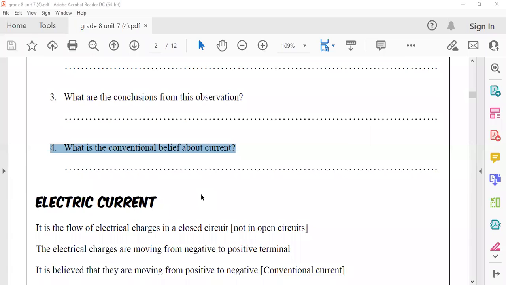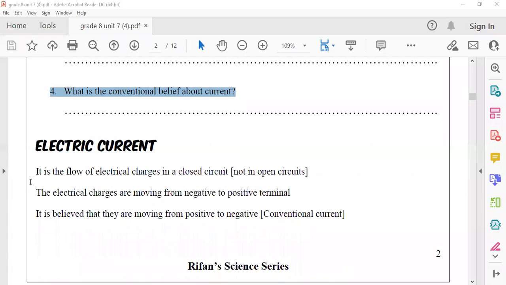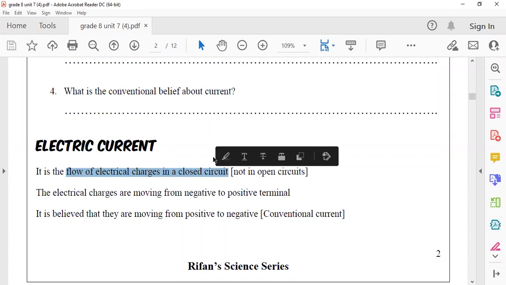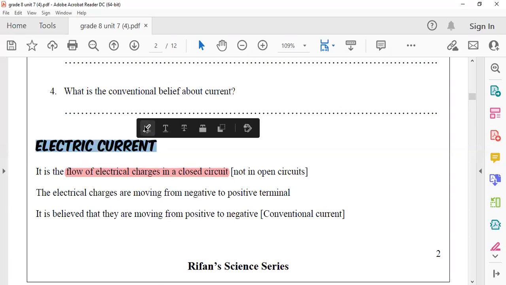Now, these three points I think you will understand. Flow of electrical charges in a closed circuit is called electric current. What is electric current? Flow of electric charges in a closed circuit.